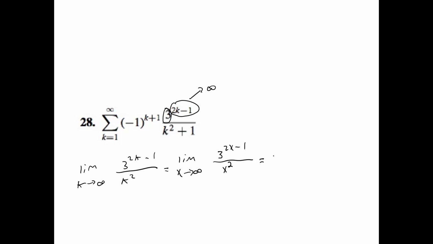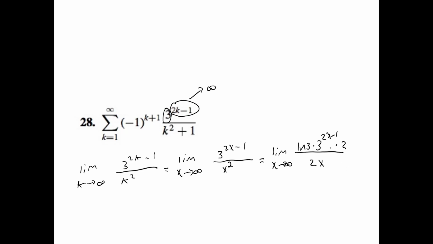And again, we have an exponential function, so the derivative will be the limit as x goes off to infinity of the derivative of anything that's not e to the x has an extra factor of the natural log of the base times the same 3 to the 2x minus 1 times the derivative of the inside, 2. And on the bottom, you get 2x.